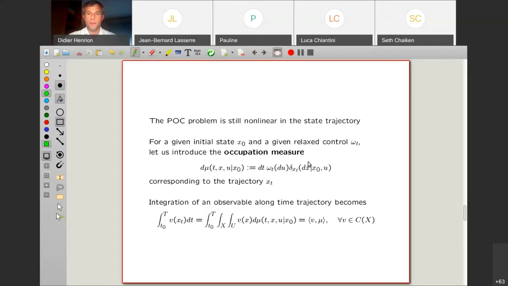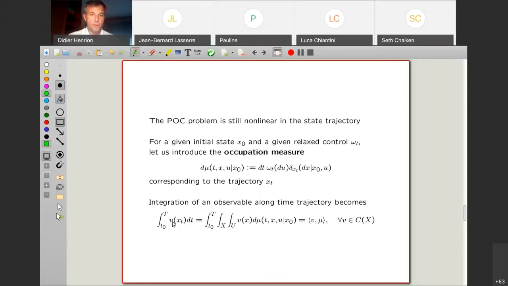This measure, I take it concentrated on the trajectory corresponding to this initial state and relaxed control. And this is my definition of occupation measure. So this occupation measure is useful when I want to integrate an observable test function along trajectories.